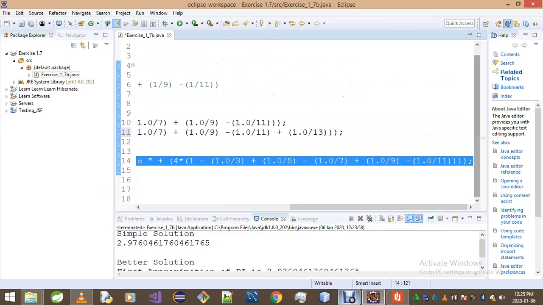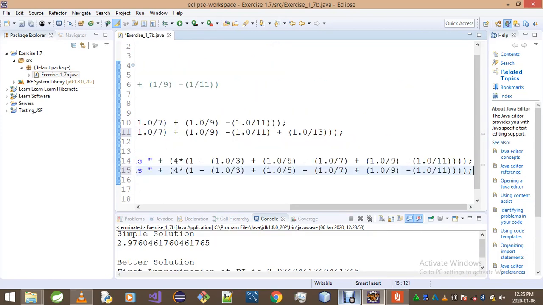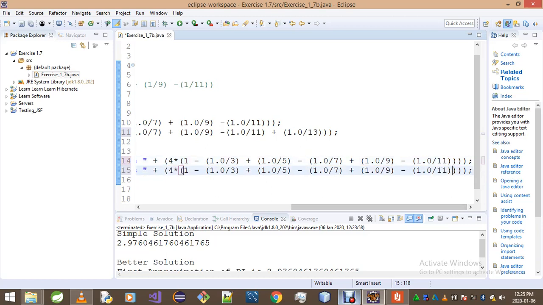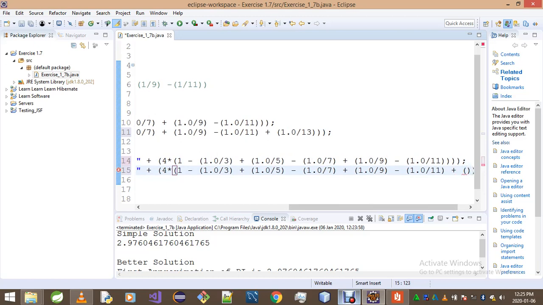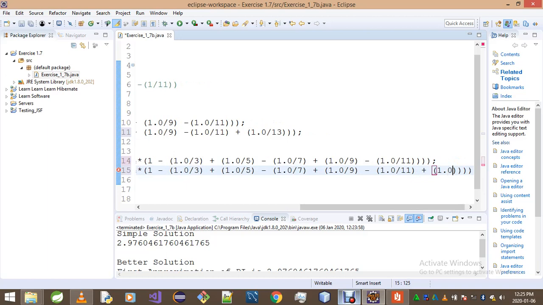This is our second approximation, but we've got to add plus 1.0 over 13.